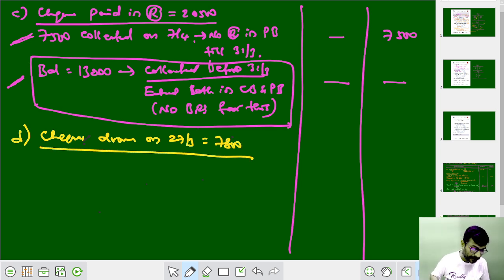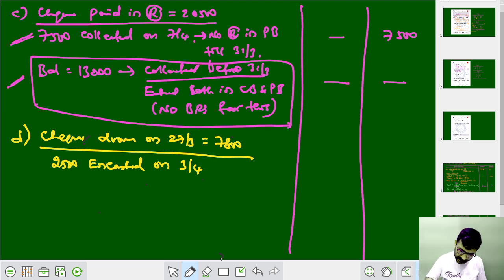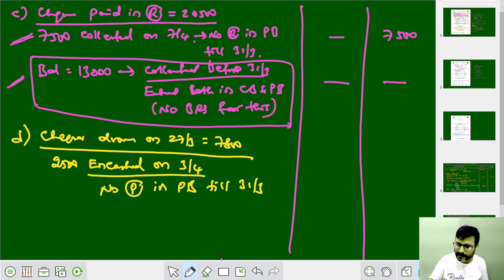Here 2,500 was encashed on 3rd April, which means no payment in passbook till 31st March. No payment means no debit. So where do we have to take it? We have to take it on the debit side for the amount of only 2,500.